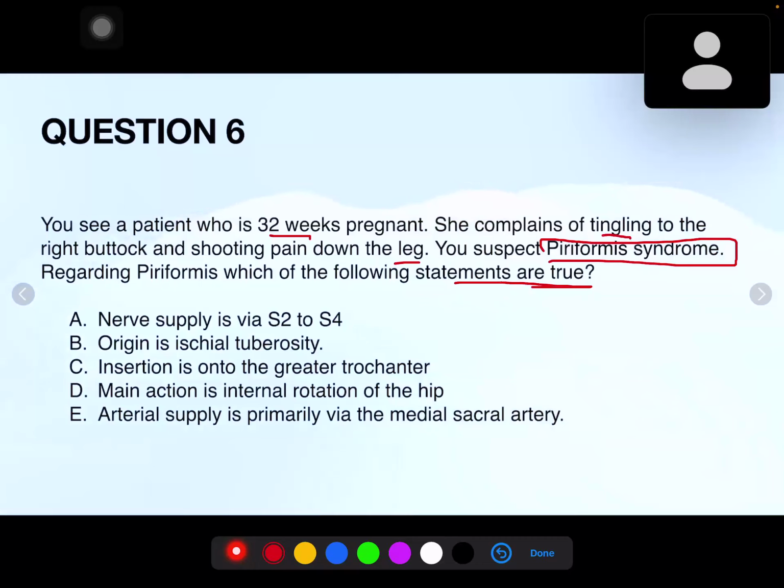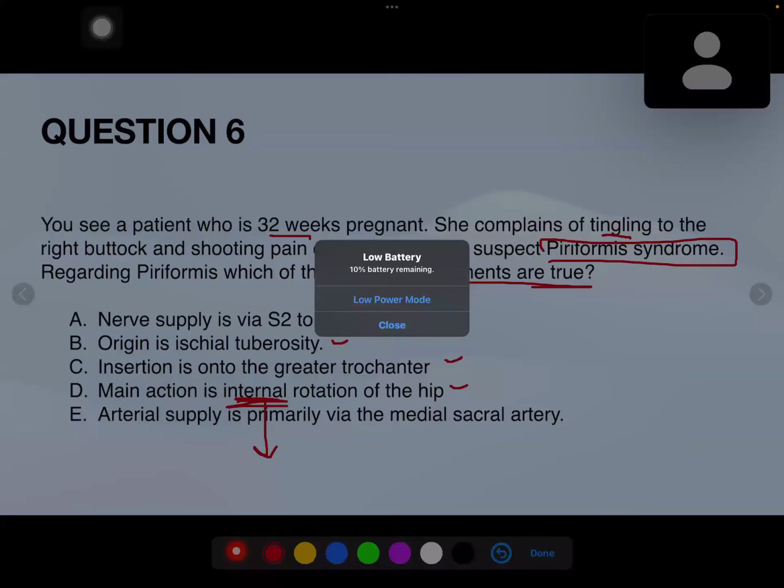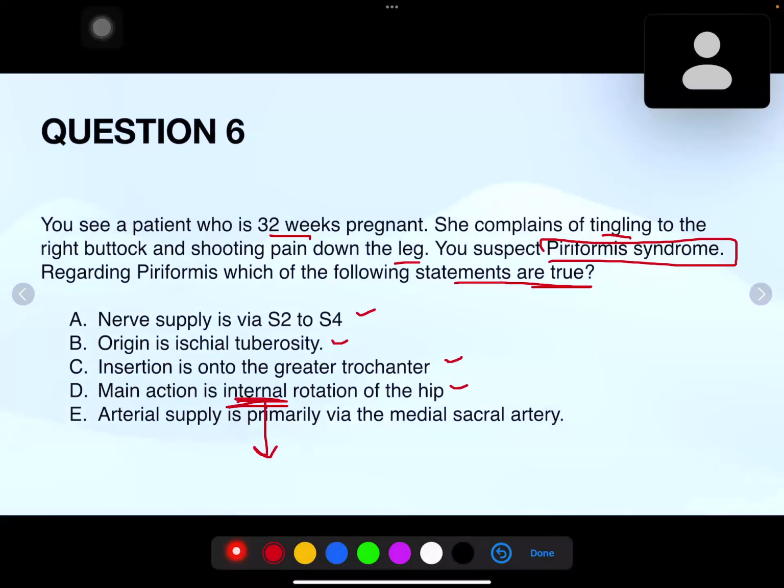I will read the options. It is supplied via S2 to S4. Origin is the ischial tuberosity. Insertion is into the greater trochanter. Main action is internal rotation of the hip. Was it internal rotation or lateral rotation? And the arterial supply is by the medial sacral artery.